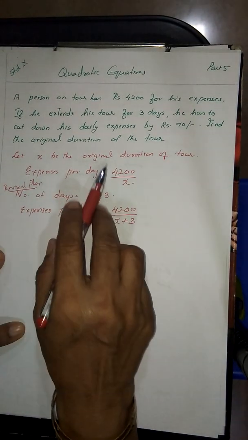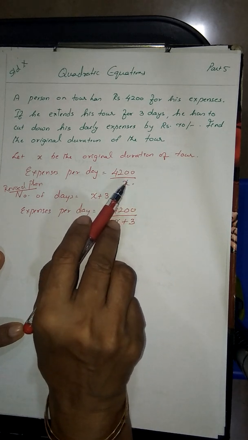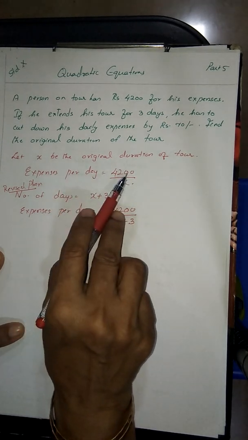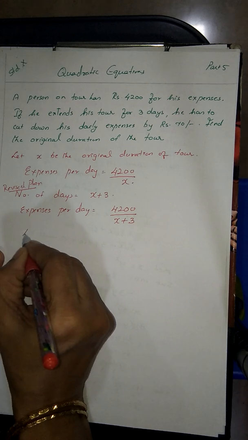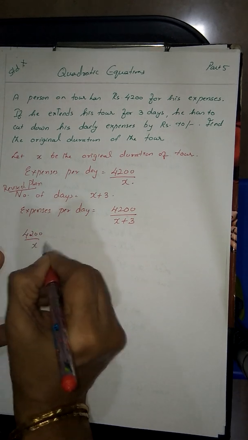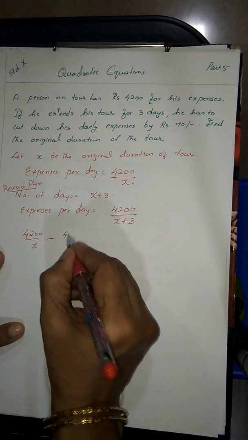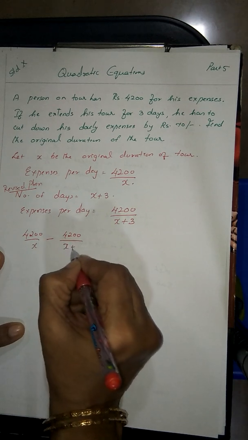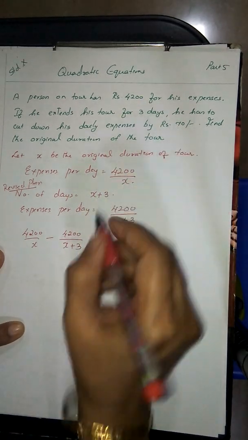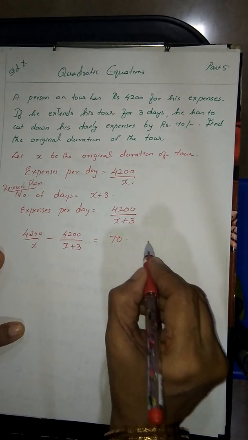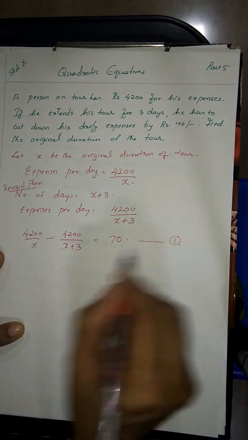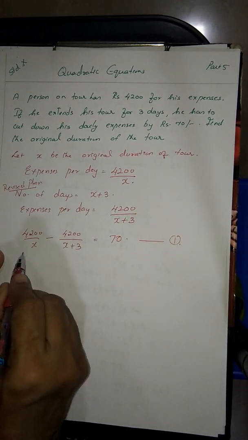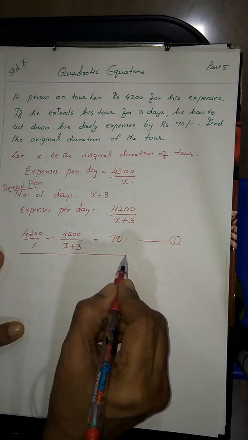When the number of days were less, his expenses per day will be more. So 4,200 by x minus 4,200 by x plus 3 is equal to 70. This is how you write the equation. So now this is the equation.